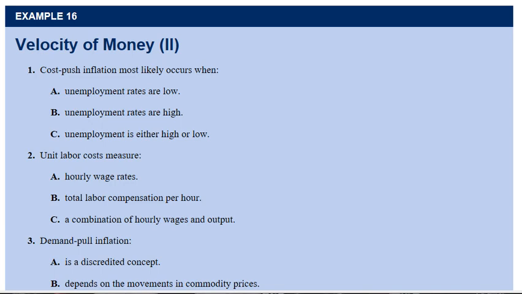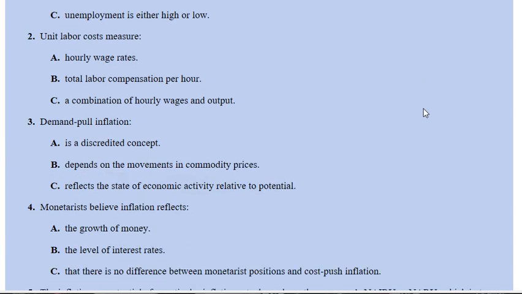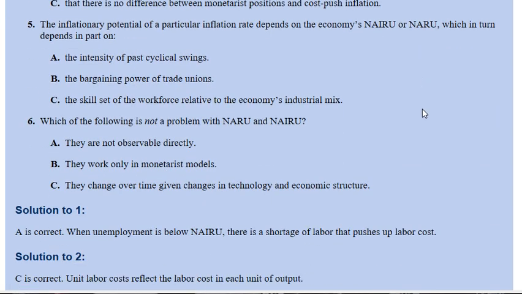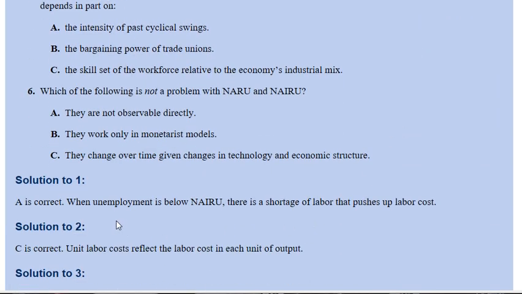So here we can see that there are some nice questions with regards to the velocity of money. And again, here's a question on cost push inflation. It most likely occurs when A, unemployment rates are low, B, unemployment rates are high, or C, unemployment is either high or low. So if we just scroll down to check the answer, for number one, A is correct.